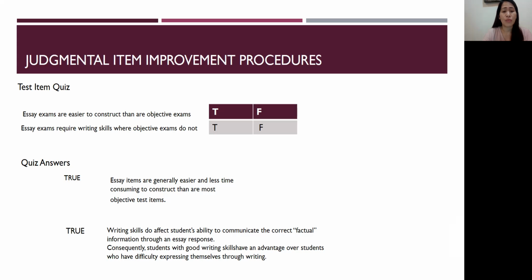Consequently, students with good writing skills have an advantage over students who have difficulty expressing themselves through writing. So if you have the skills of writing, then you have an advantage over those who have difficulty. So work it out and do your best.